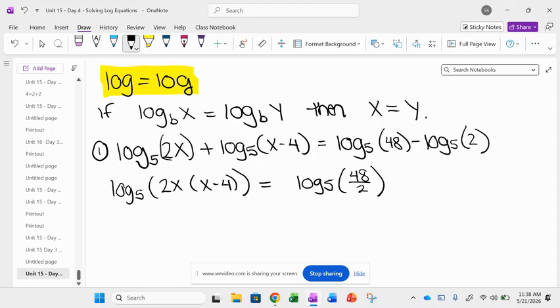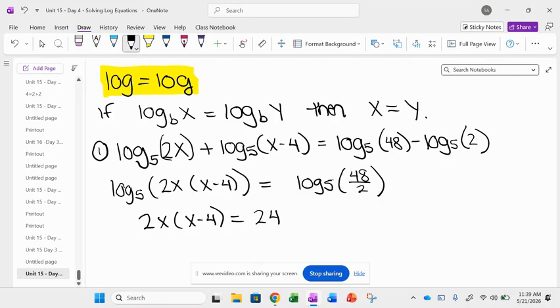Do they have the same base? Yes. So now that it's 1 log equals 1 log, all I have to do is set their arguments equal to each other. So I'm going to have 2x times the quantity of x minus 4 equals 48 divided by 2, which is 24.